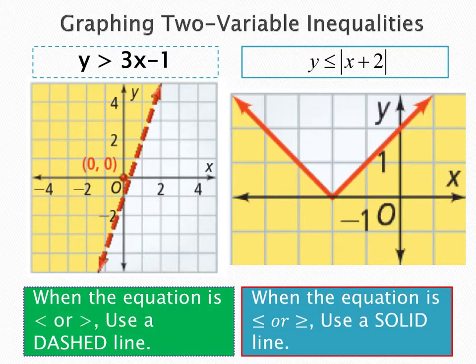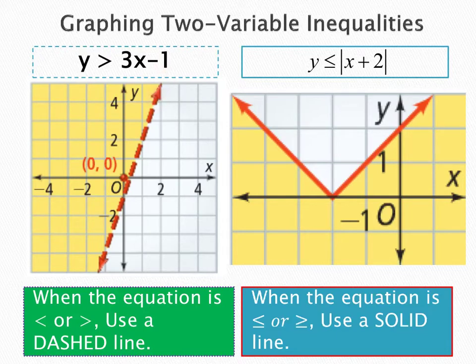So let's take that idea of shading when we have inequalities and now take it to two variables. So instead of just having an x number line, an x-axis, now we have an x and a y, so I can graph lines as well as absolute value functions. So whenever I have greater than or less than, I do not have an equal to sign.